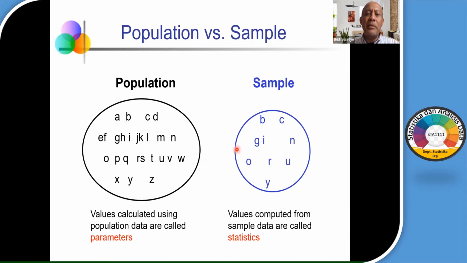And then you take just 10%, 5%, 7% of that. So this is the description about population, sample, parameter and statistic. If you collect all individual data in the population, and then you calculate, you call it a parameter. If you just take some individuals from the population, and then you calculate, you call this a statistic. Okay.